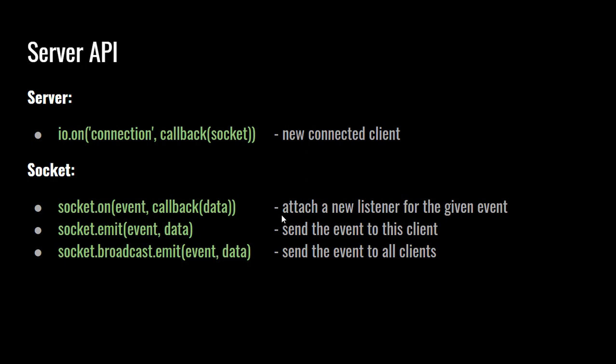It has an event emitter, it has an on, it has an emit, it has a broadcast emit. I don't really use the broadcast emit too much, but you will use it if you want to send to all clients. If you're dealing with a socket, attach a listener for a given event, emit sends the event. So this is a little different than event emitters. socket.broadcast.emit sends the event to all clients, to everyone connected.